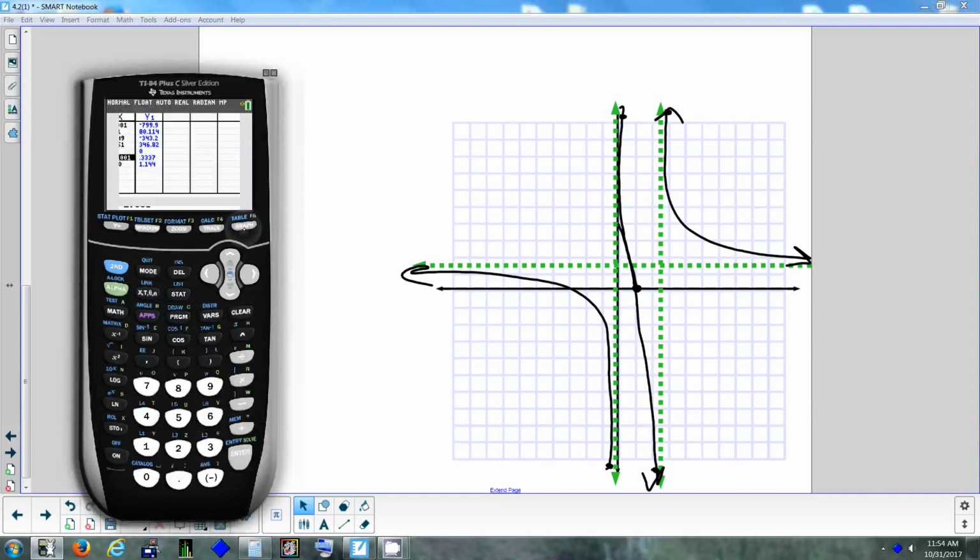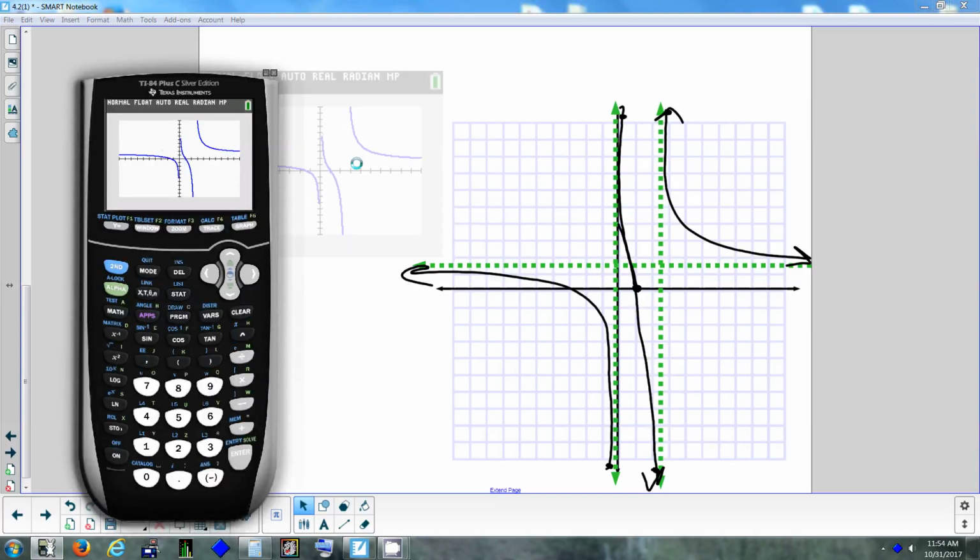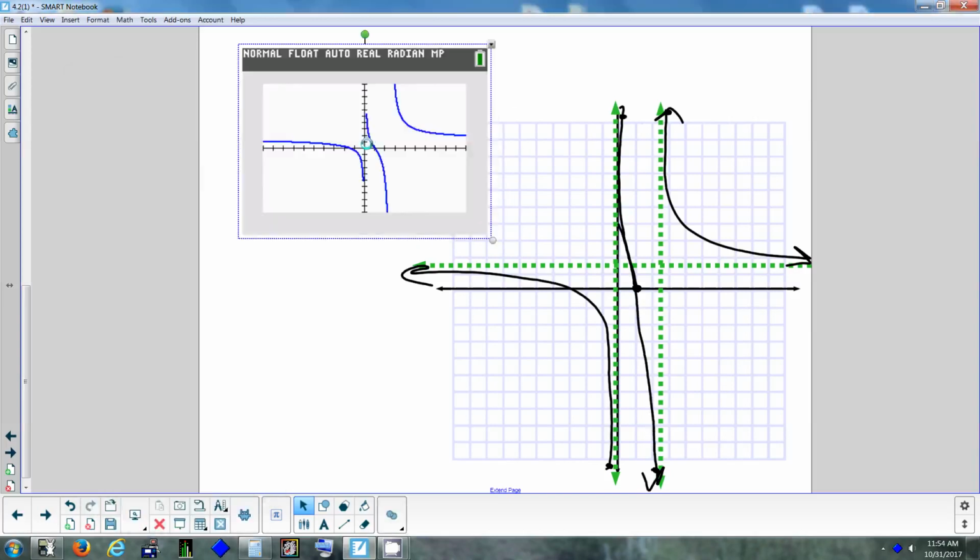Okay, let's look at it. I don't think it'll have any problem with the right section. But see in the middle how it just looks like it stops? It's because it's getting so steep in that section it can't sketch it. But that's what it should look like.